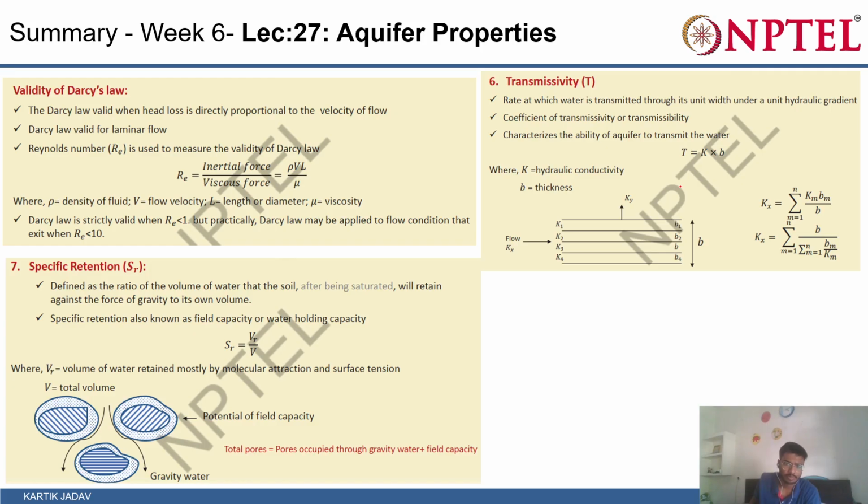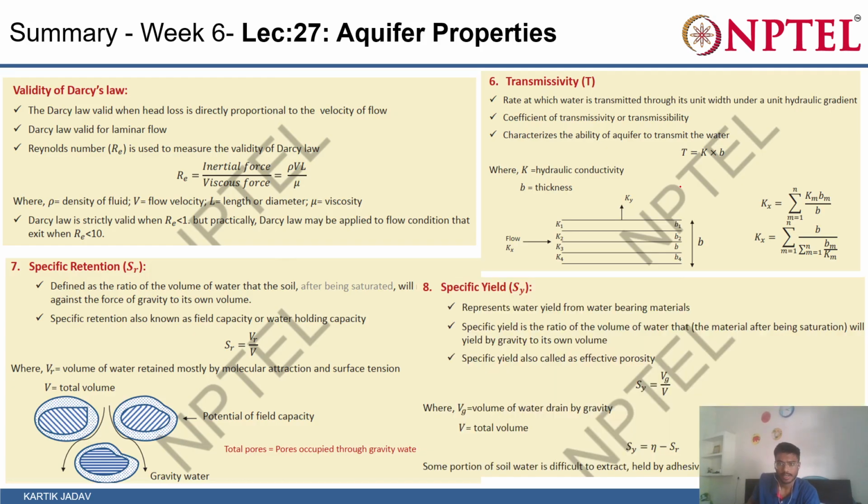Then we defined specific retention and specific yield. Specific retention is the amount of water retained against gravity after being saturated, defined as the volume of water retained by the volume of the aquifer. Then transmissivity.